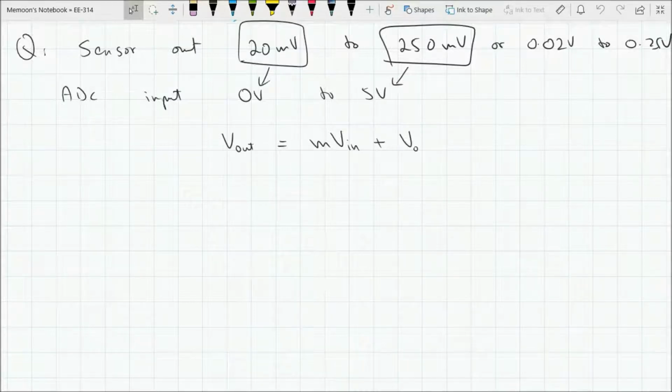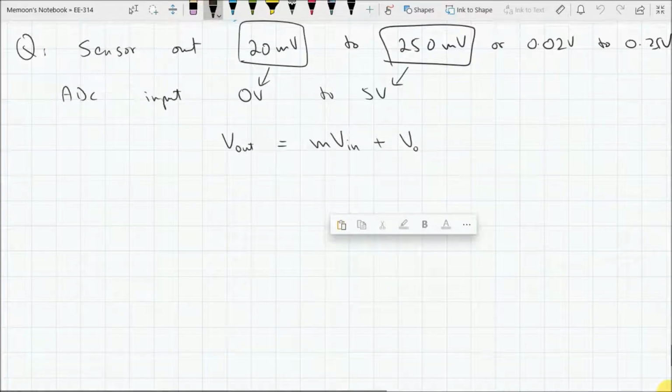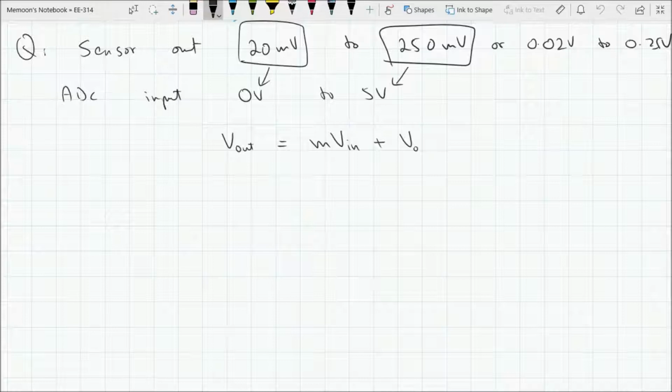We have a known V in, but we have an unknown slope and an unknown offset, and if we are able to find these two unknowns, the slope or the gain of the amplifier and the offset required for this circuit, we will be able to implement an operational amplifier based signal conditioning circuit that will convert this range of inputs to this range of outputs.